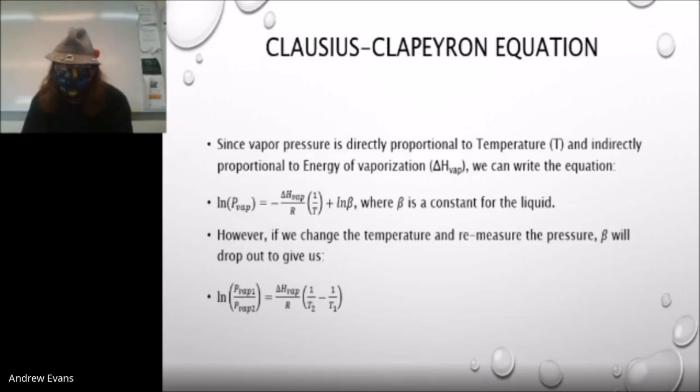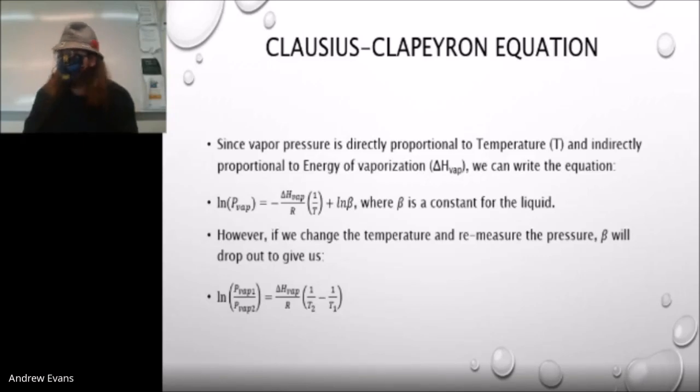And then 1 over T, so 1 over temperature in Kelvin, plus ln B, where B, ln beta, is essentially a constant for the liquid, but it's a little bit hard to deal with. So what we actually do is draw a straight line through two data points.